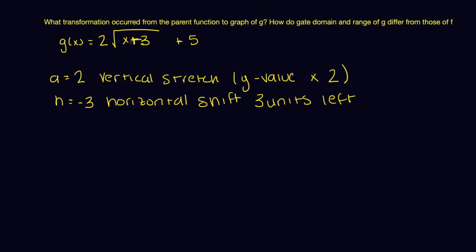And if this is positive, you're going to go the opposite direction because you're instinctively wanting to go positive to the right, but really it's a negative h. And the k is going to be 5. And this is a vertical shift 5 units up.